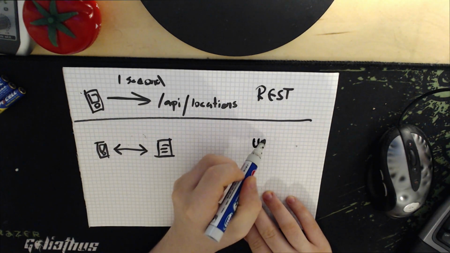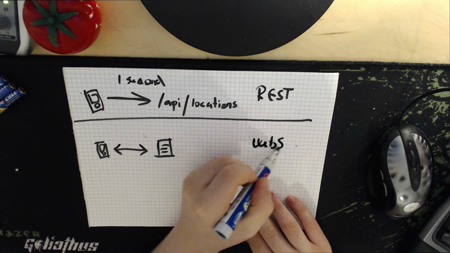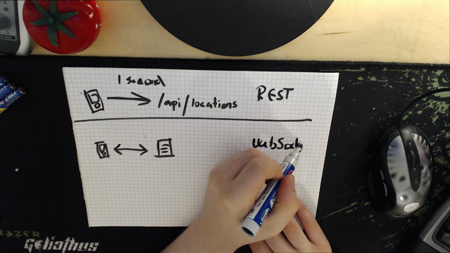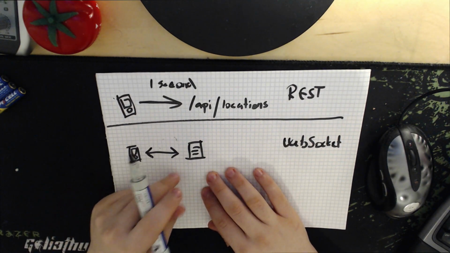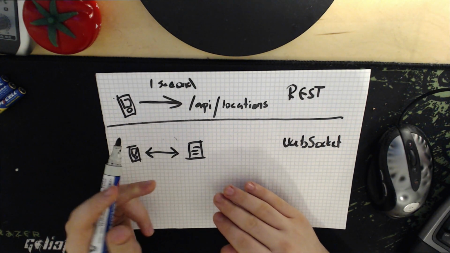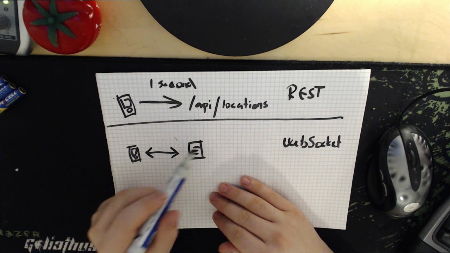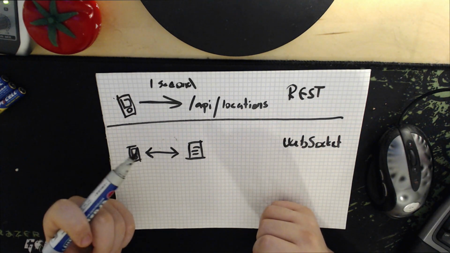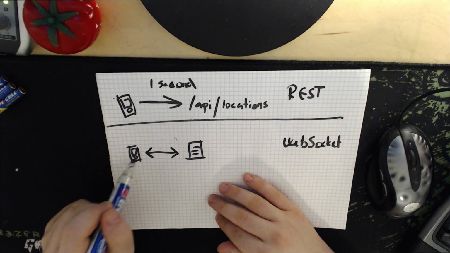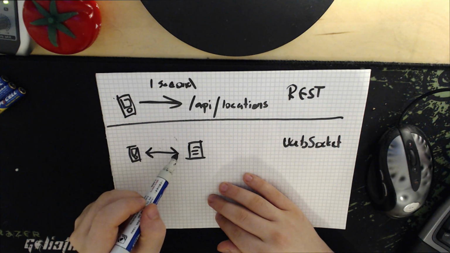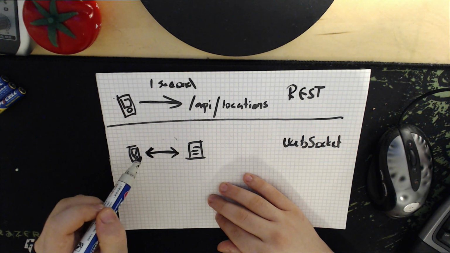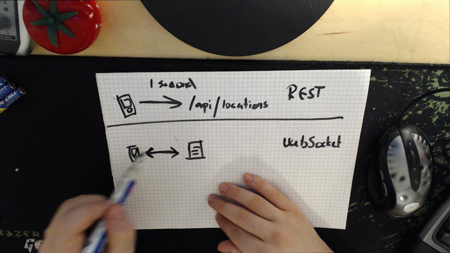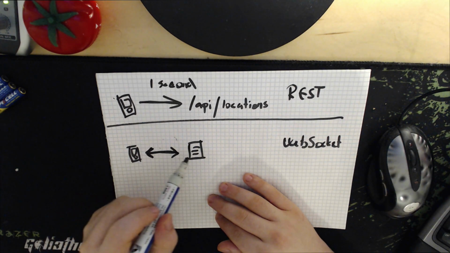So we have WebSocket. And then all of a sudden, let's say, we have a driver who has a new location and we want to display the new location on the phone. Then we can, as a server, push an update to the client while we have a WebSocket connection between the client and the server.